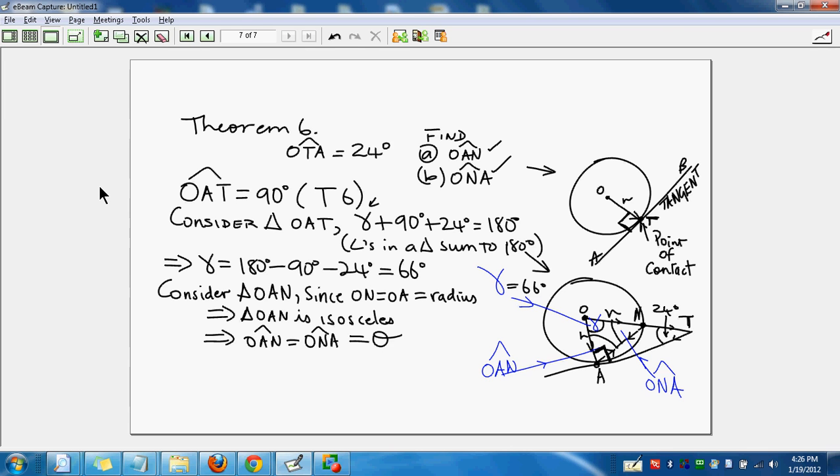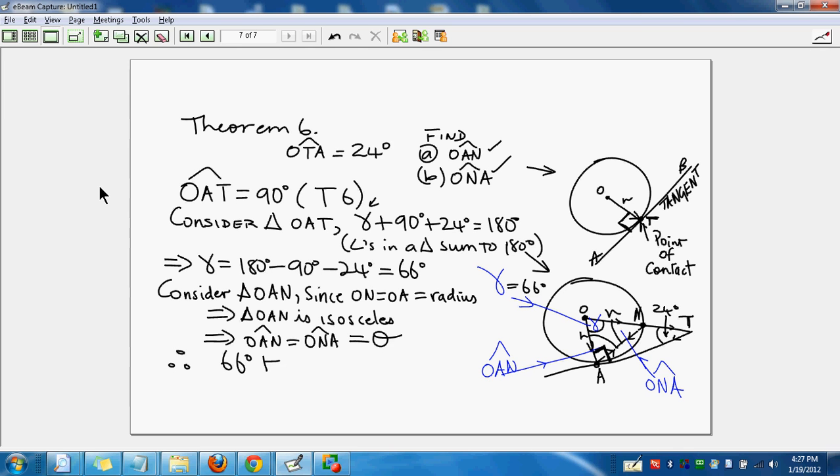Therefore, we could go back to the same relationship that angles in a triangle sum to 180. So we could add up the three angles now: angle alpha, which we worked out to be 66 degrees, plus OAN and ONA, which we now call theta.